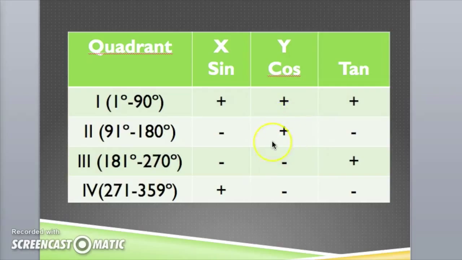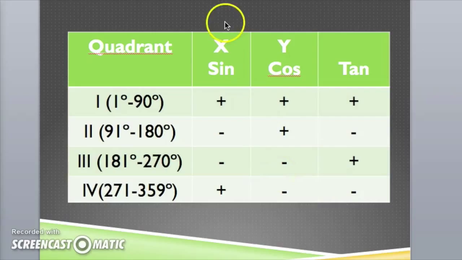In the third quadrant, which is 181 to 270, the sine and the cosine are going to be negative, and the tangent is going to be positive. And in the fourth one, which goes from 271 to 360, the sine is going to be negative, the cosine positive, and the tangent negative.